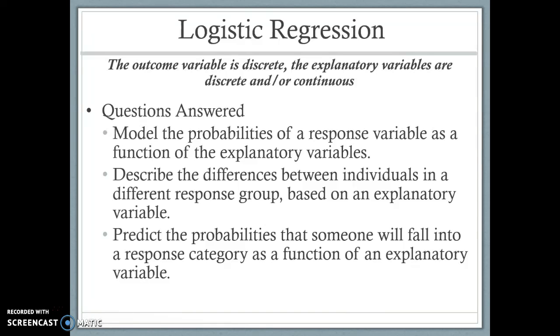So we're trying to talk about the probability of somebody being in one category, having the disease or not having the disease, as it relates to those explanatory variables. We want to describe the difference between individuals in different response groups.